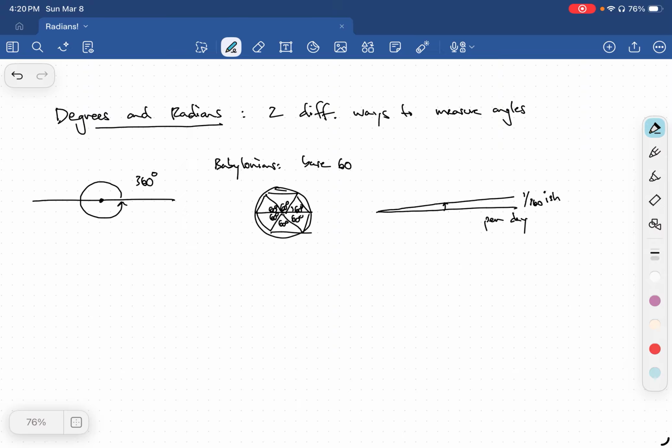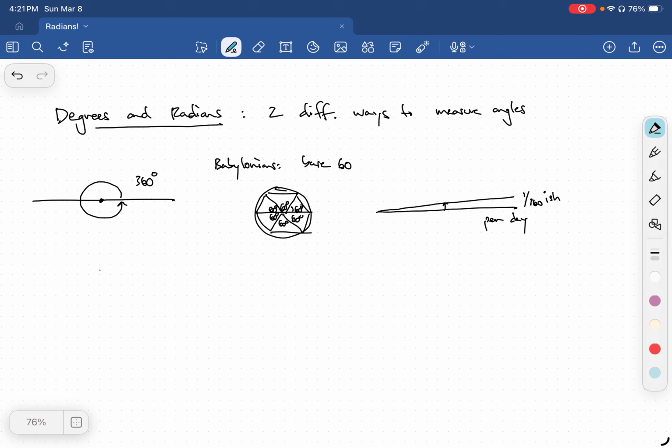It's also a nice number because it's divisible by a lot of things. We can divide it by 2, by 4, by 3, by 6. There are lots of things we can divide it by, and so if we're trying to describe different portions of a circle, it becomes very useful.